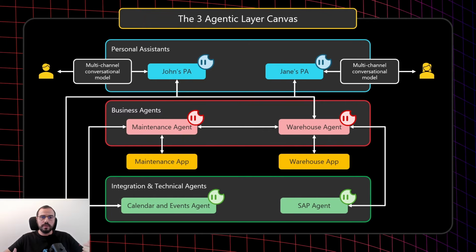So they need to be more conversational models. But we then have the business agents, and these business agents are indeed experts in a certain domain, and they should work under the hood in the background, improving things, automatizing, and so on.